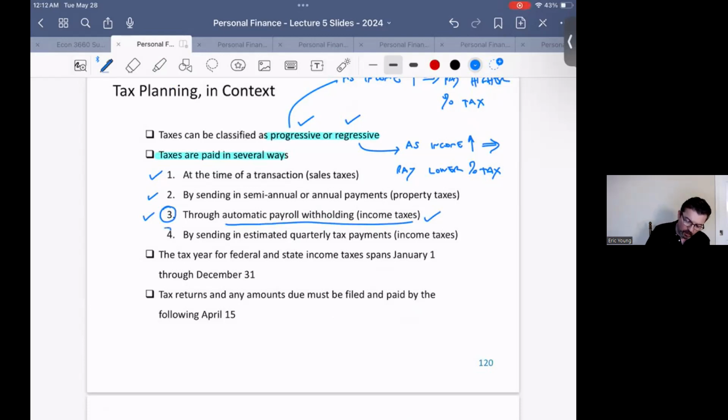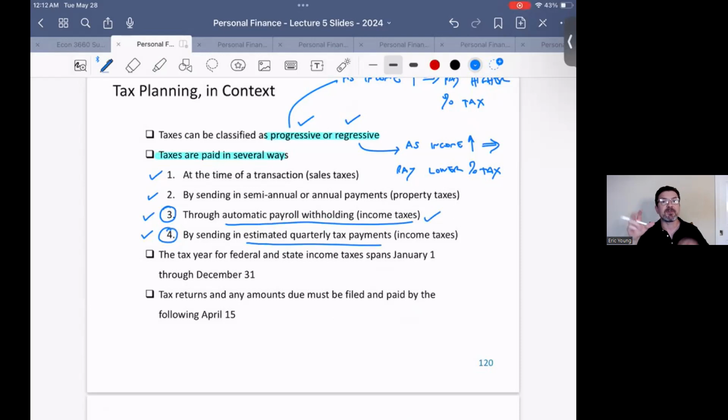The fourth way, which is also related to income taxes, it's usually the case that this is done by self-employed workers, but the fourth case is when a worker sends in an estimated payment. Again, this is often done by entrepreneurs. Since think about if you were an entrepreneur.